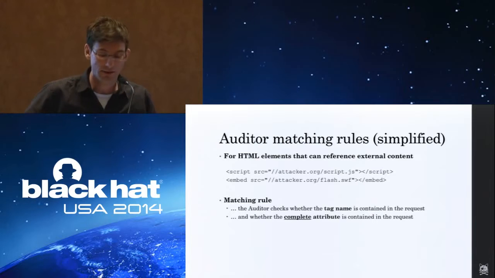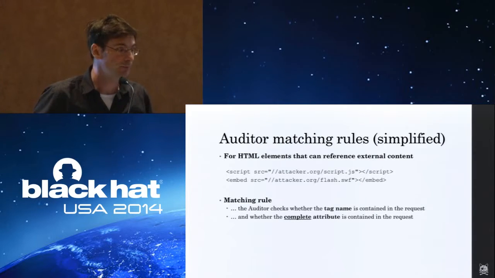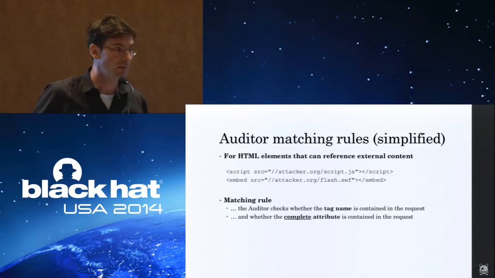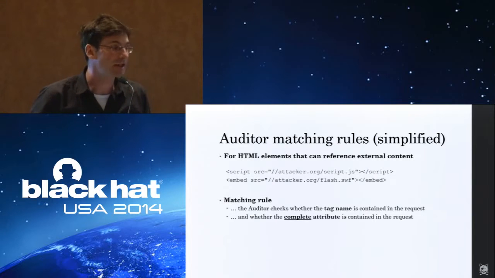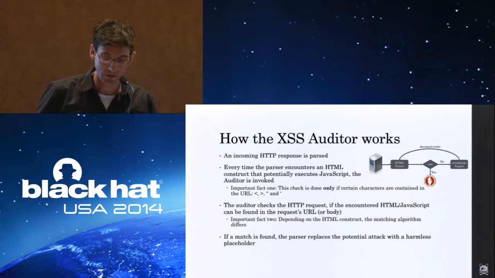In this case, the matching rule is that both the tag name, in this case script or object, has to be in the URL, and also the full attribute with attribute name and attribute value has to be used. So this is the most strict matching rule because of, I think, false positives.